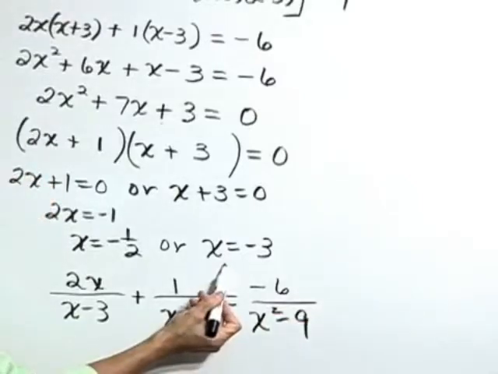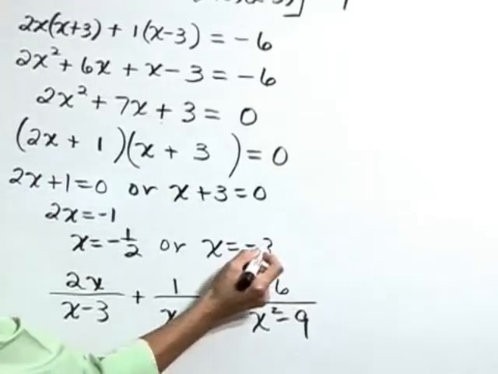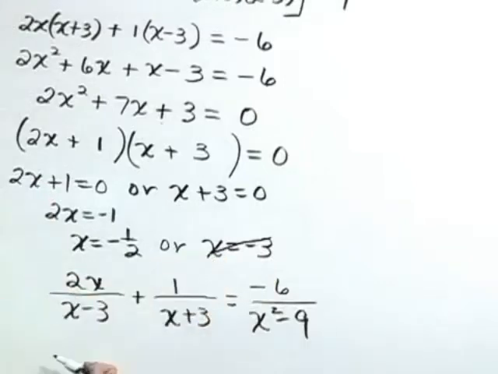Now let's notice that this proposed solution of negative 3 is going to cause a problem right here. If we substitute negative 3 in for x, we'll have negative 3 plus 3, which gives a 0 denominator. So we must exclude or reject it as a possible solution.